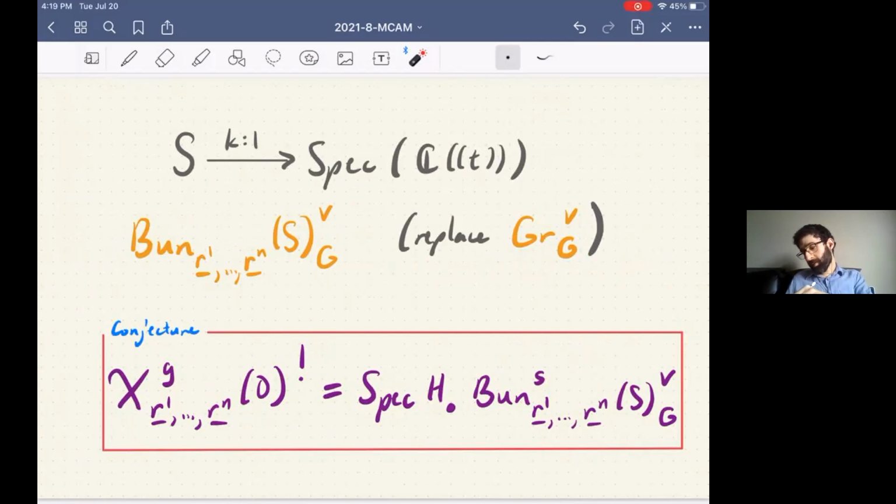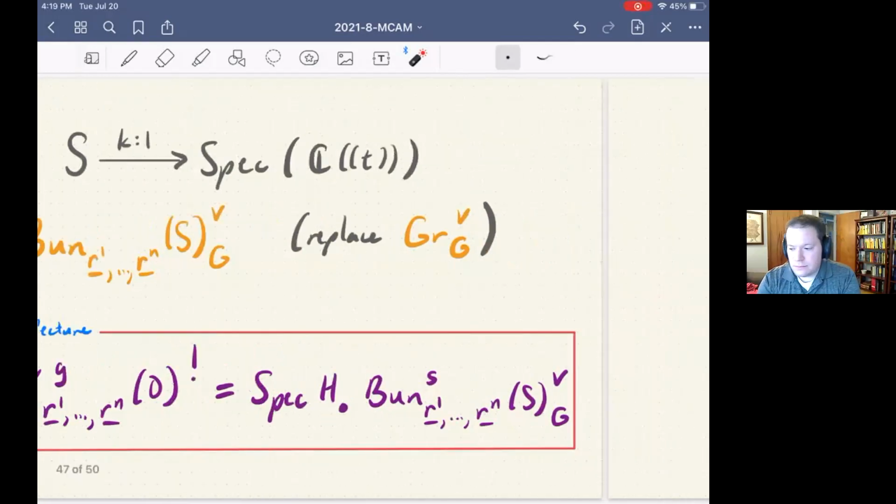Or rather, spec of this Laurent series, which is the formal punctured disk. So this is a way, if you like, of bringing genus into the picture, but it's inspired by this relationship between hyperpolygons, Hitchin systems, and the role of loops as genus, and that's where I'll stop.